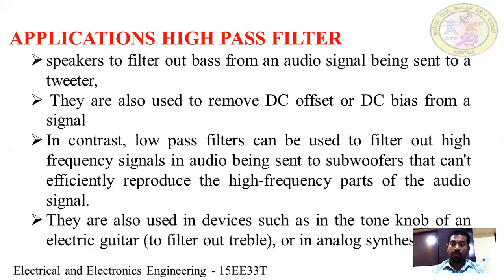In contrast, low pass filters can be used to filter out the high frequency signal in audio being sent to subwoofers, which can't efficiently reproduce the high frequency parts of the audio signal. They are also used in devices such as the tone knob of an electric guitar, to filter out the treble, or in analog synthesis. These are all the applications of high pass filters.